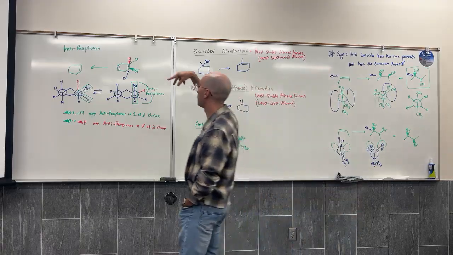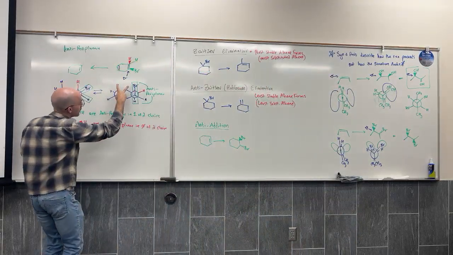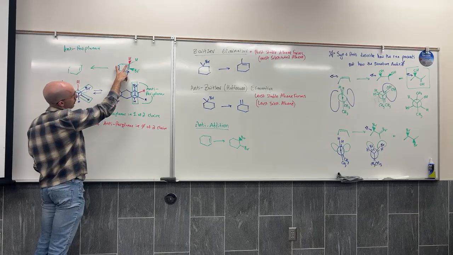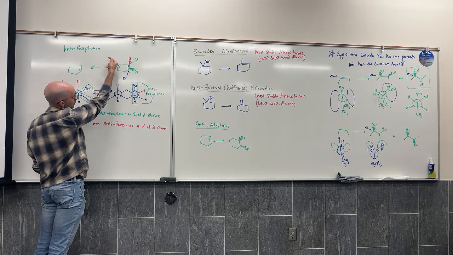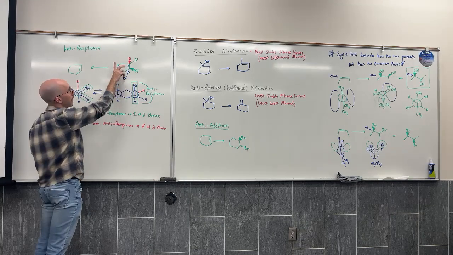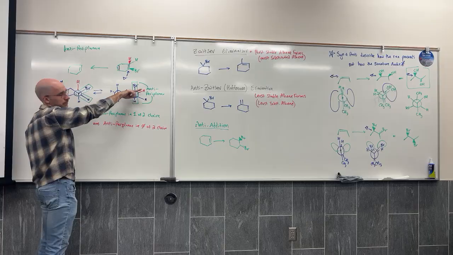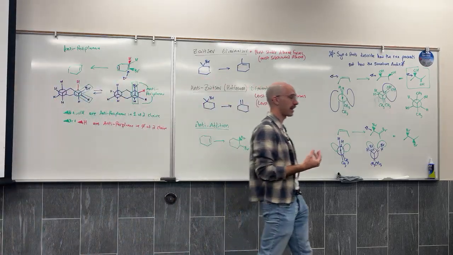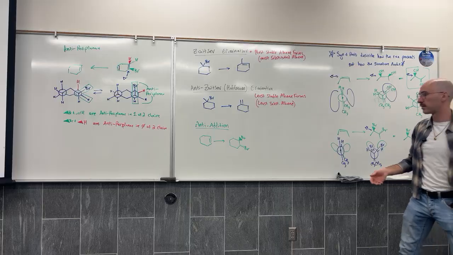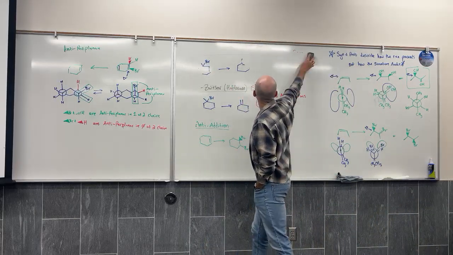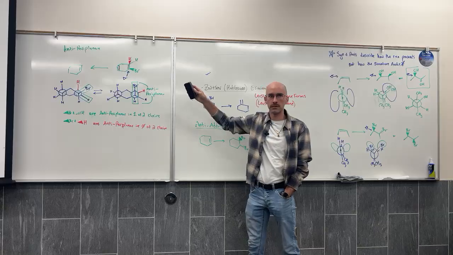If I really am to put my perspective down to look at that carbon-carbon bond, the carbon group is literally going to the left, not the hydrogen. And the hydrogen is literally going to the right. So the Newman projection should reflect that literal perspective. Good question. Did that answer it? Okay.